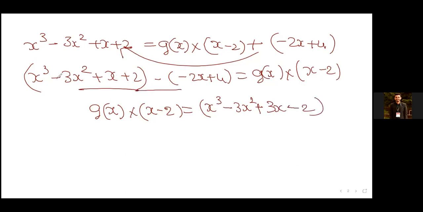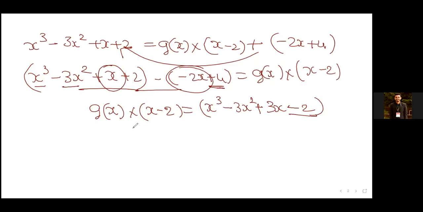Just simplifying this, x cube minus 3x square plus 3x. Here it will be minus 4. That is why we get minus 2 here.